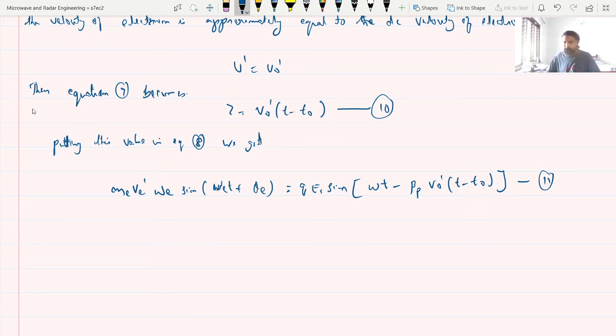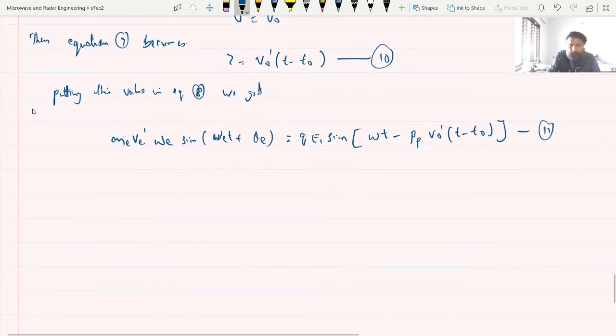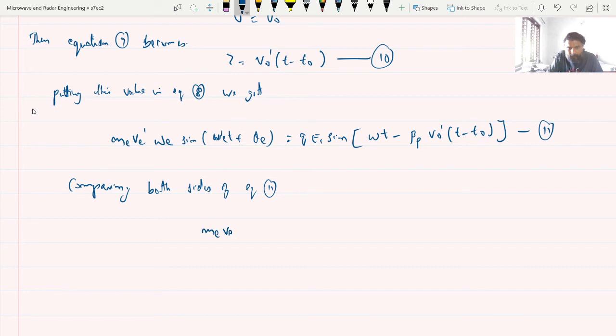Now you compare both sides of equation 11. Comparing both sides of equation 11, we get m_e V dash omega_e is nothing but q E1. Call it as equation number 12.